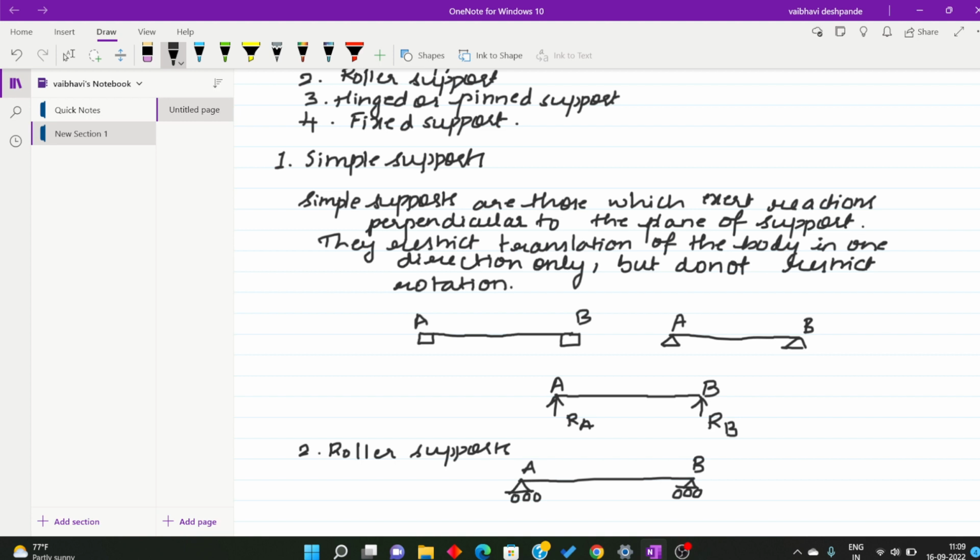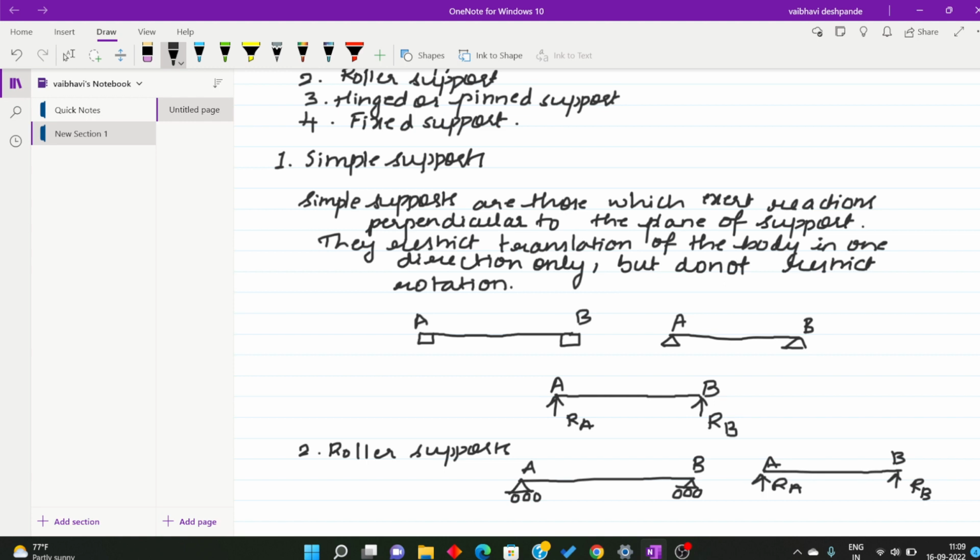Here in simple support they do not restrict rotation, and here also rotation is allowed. So here you can write RA, RB at A and B. Okay, so these are the roller supports.